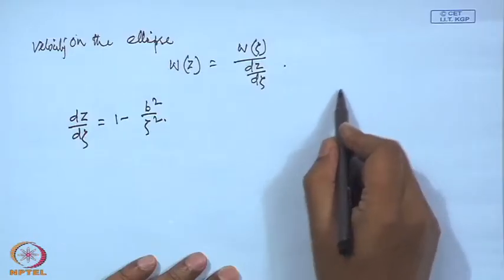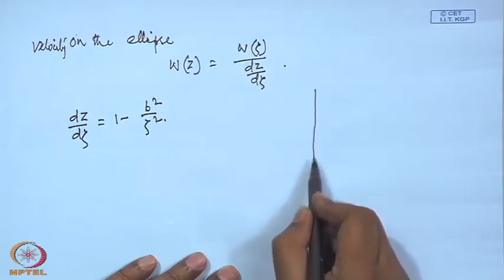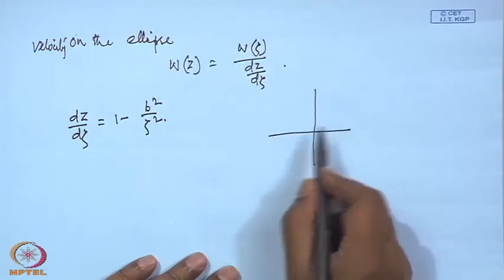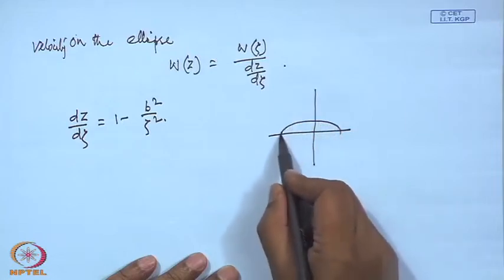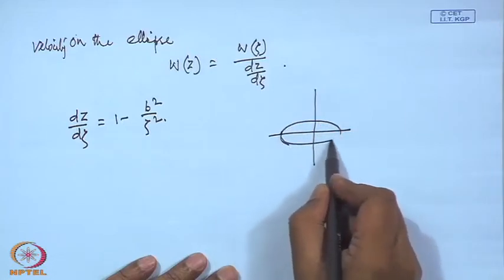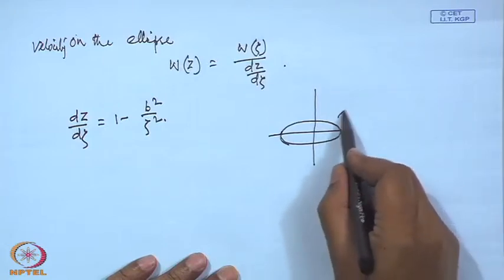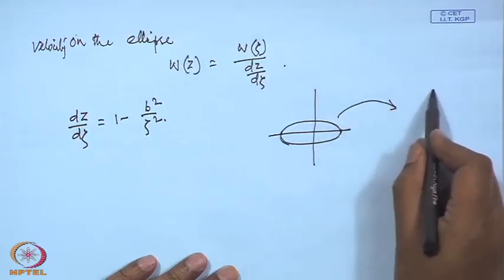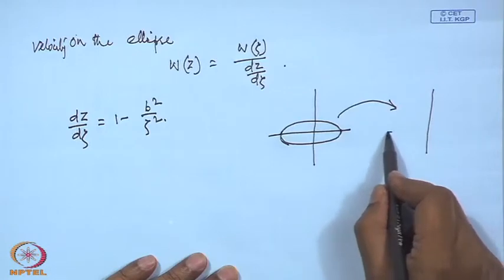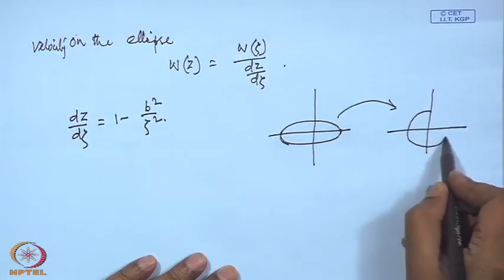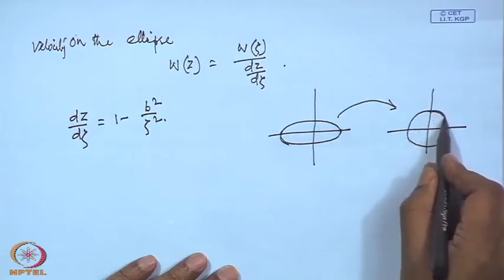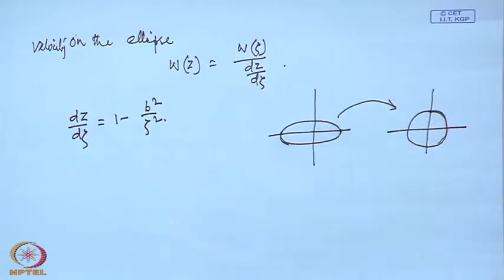Which point is that? See, this is the transformation. Let us have it once again. Okay.